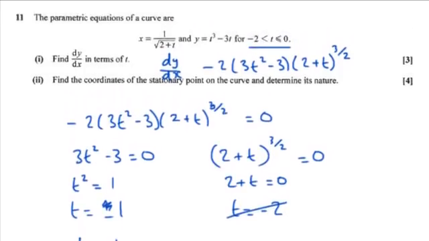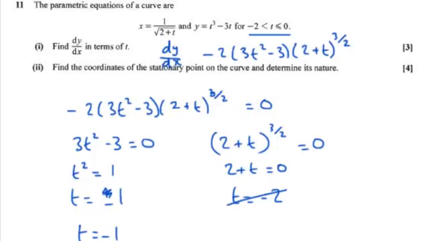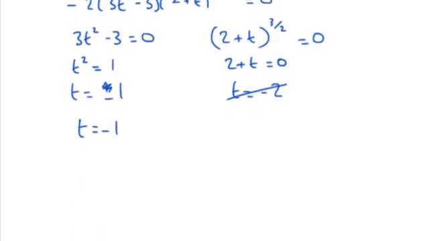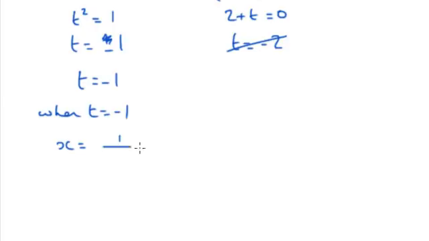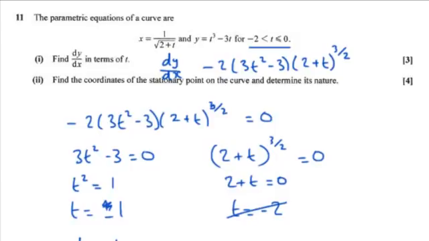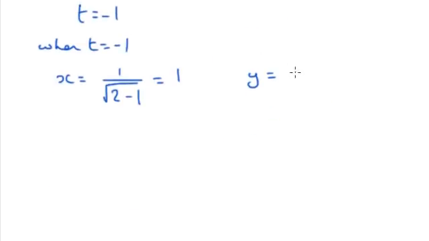So if we now substitute in t equals minus 1 for x and y, we will get what we need. So when t equals minus 1, x is equal to, it was 1 over the root of 2 plus t, so 1 over the root of 2 take away 1 is 1, and y was equal to t cubed take 3t.